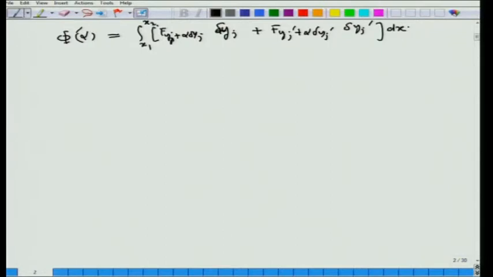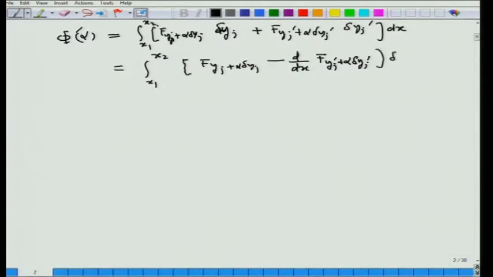And now, as before, we shift this derivative here, and so this is equal to the integral x1 to x2 of [f_yj minus d/dx of f_yj'] (evaluated at yj plus alpha delta yj and yj' plus alpha delta yj') times delta yj(x) dx.